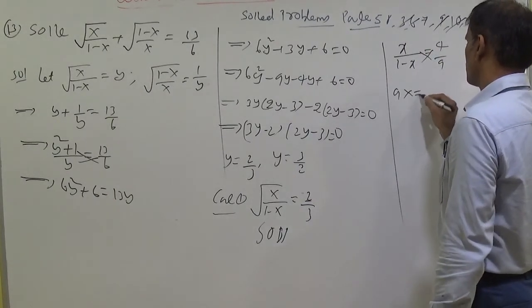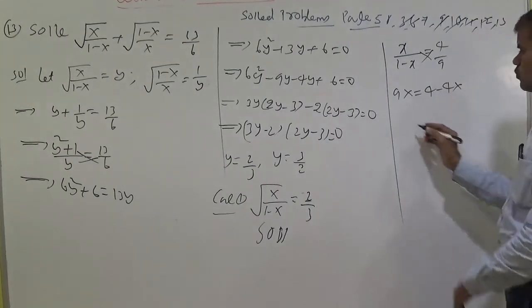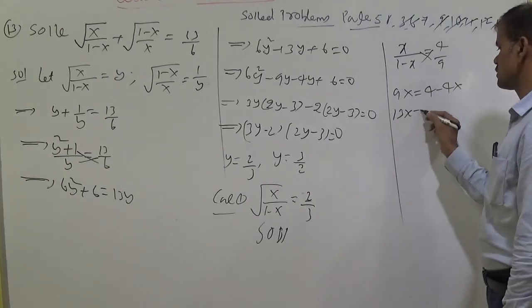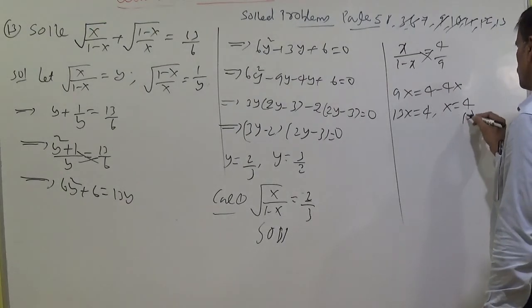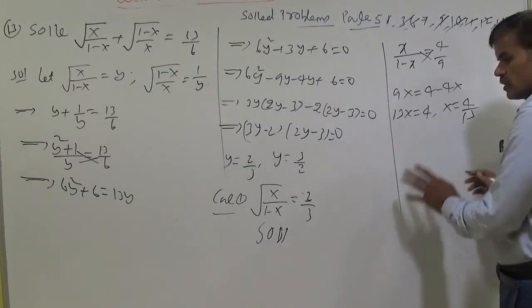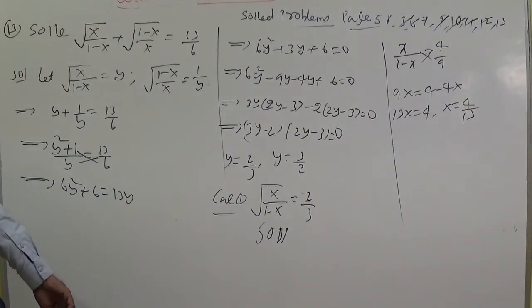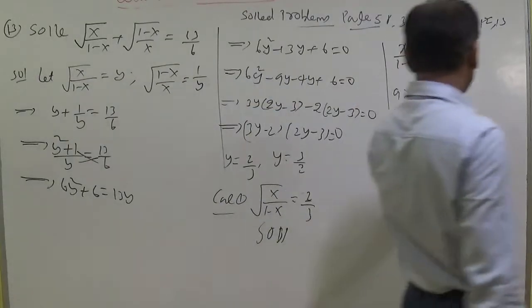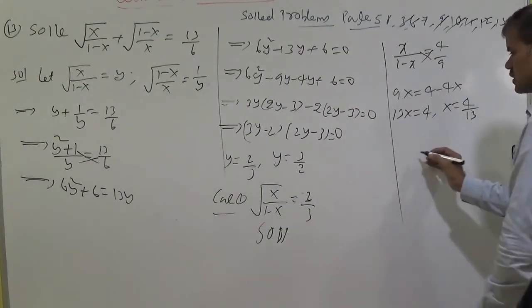Now you can write 9x is equal to 4 minus 4x. Taking minus 4x to this side, it becomes 13x equal to 4, and x is equal to 4 by 13. This is case 1: x is equal to 4 by 13.